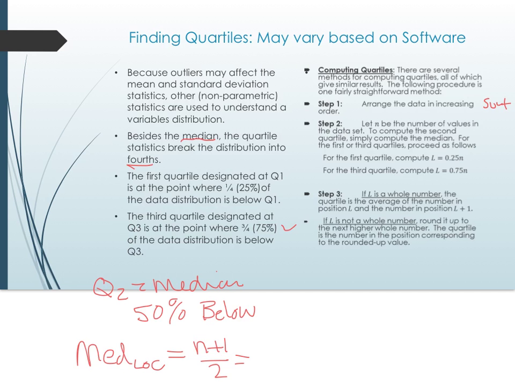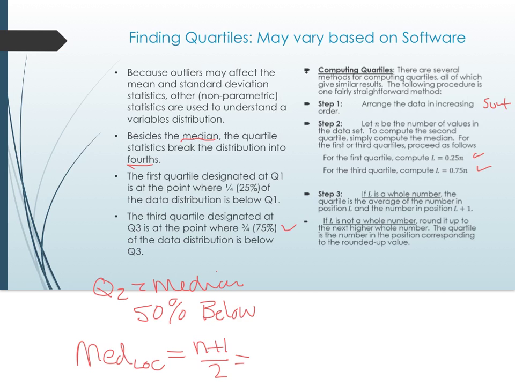For the first and third quartiles, proceed as follows. The first quartile location is computed by L is equal to 0.25 times n. For the third quartile, third quartile location L is equal to 0.75 times n.